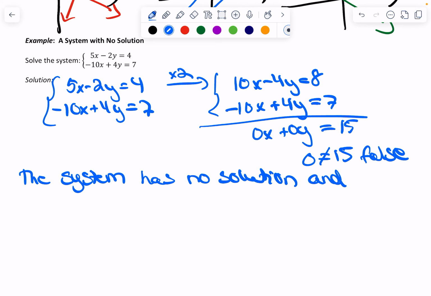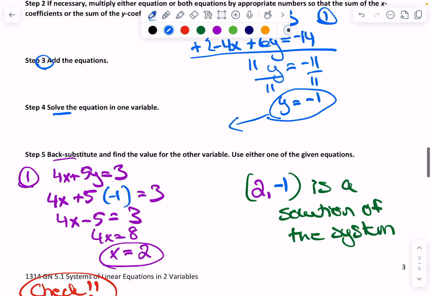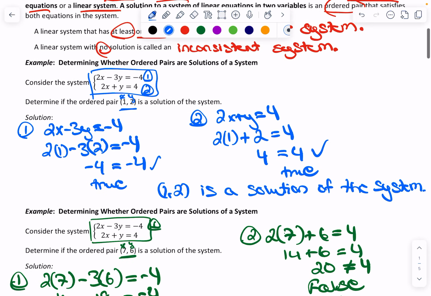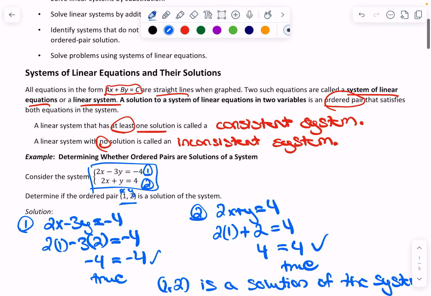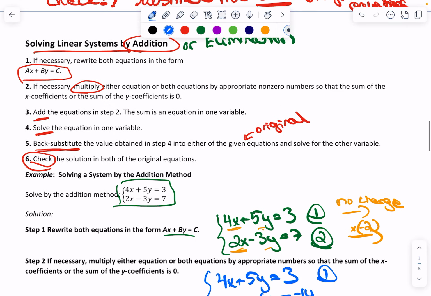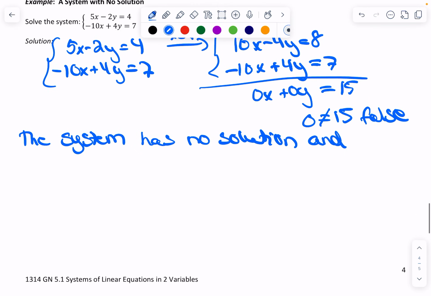And now going way back to our first page, a linear system with no solution is called an inconsistent system. So it has no solution and is inconsistent.